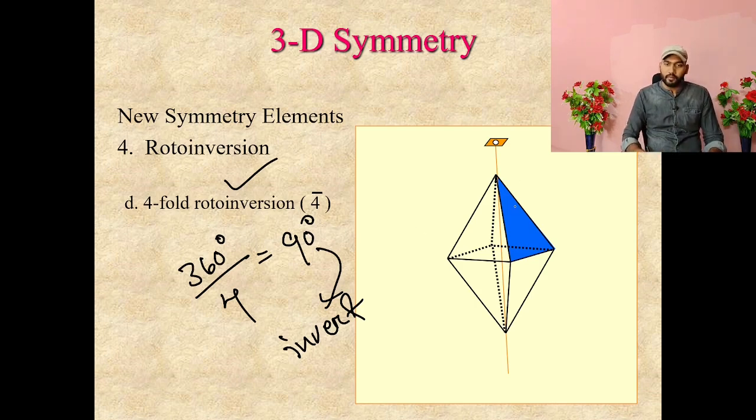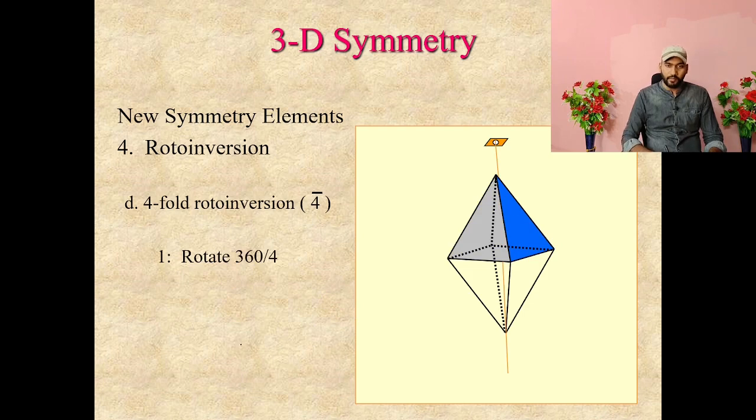Okay, so this is the first one, F1. What we have to do is rotate 90 degrees. It will come here. This is F2 dash. This is not the final phase. This is the transition. From F1 we rotated 90 degrees. Then we have to invert it.